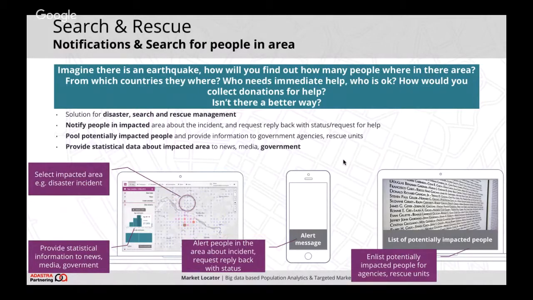And the ability to create for you as a telco a specific list of impacted people and to follow up with them with simple reply-back messages. Let me know if you are okay. If you're okay, send the message okay. If you're not okay, let me know, and the search and rescue will try to get to you as soon as possible.